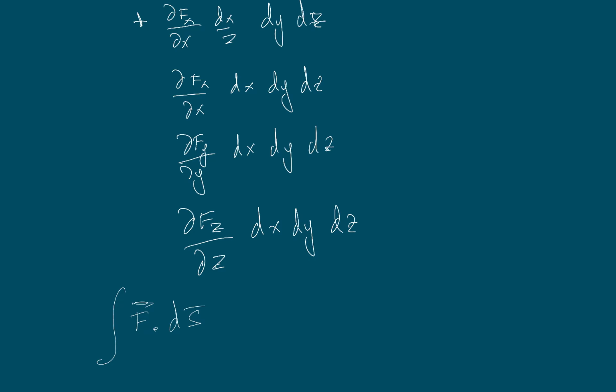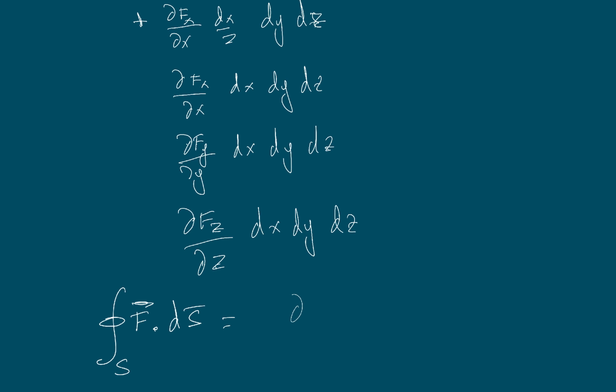Oh, and I see if I make this sum of all the terms, I calculate the flux of the vector field over a closed surface. The surface is closed. What will it be? Well, it will be the sum of the flux going through all the sides.